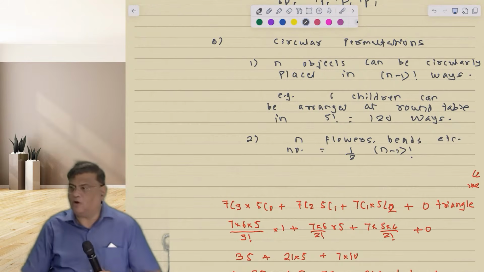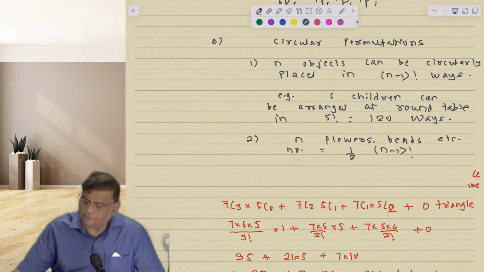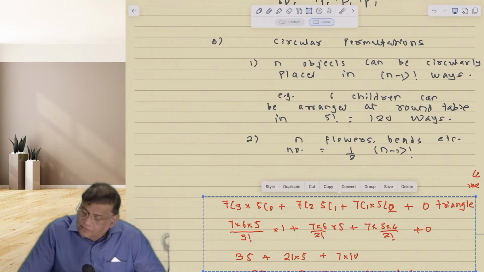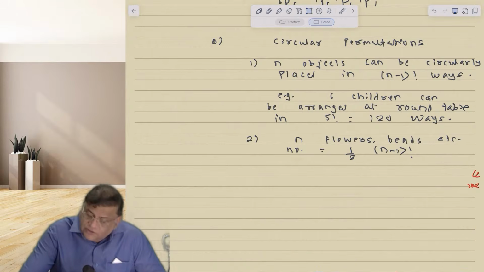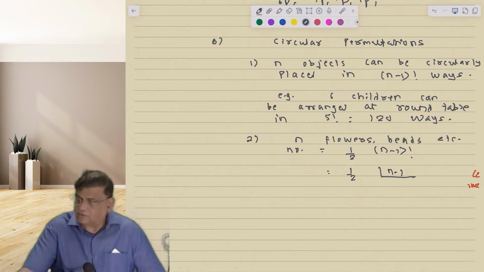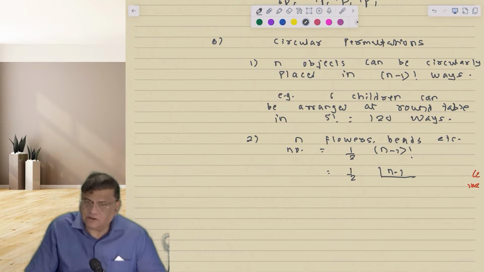It is half of (n minus 1) factorial. Now, remember that the factorial sign is also written by considering an L looking box like this. That also is another notation of writing the factorial.